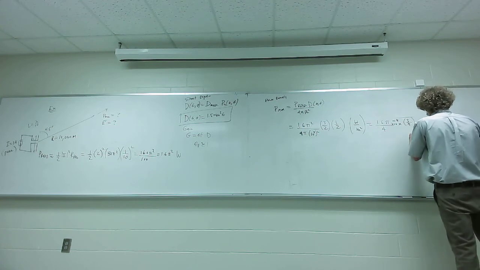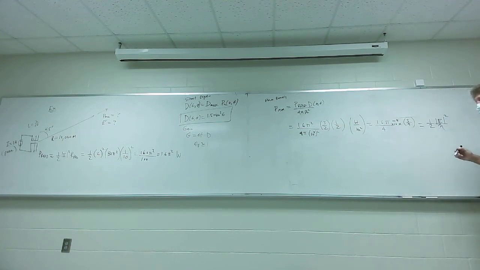I can set that equal to 1/2. Remember, I want the E field, magnitude of the E field squared over eta, right? 9.4 nanowatts per meter squared. Right? So for the E field, y'all see what I'm doing here?